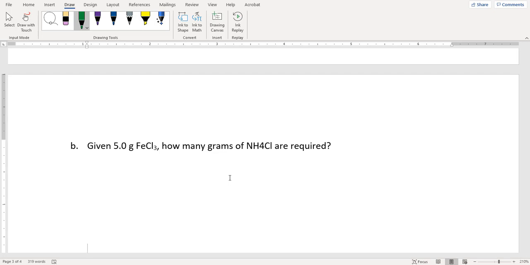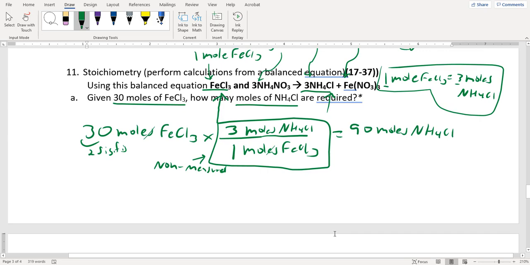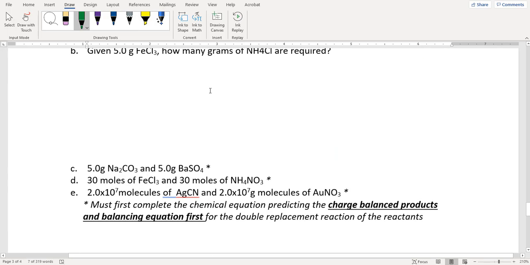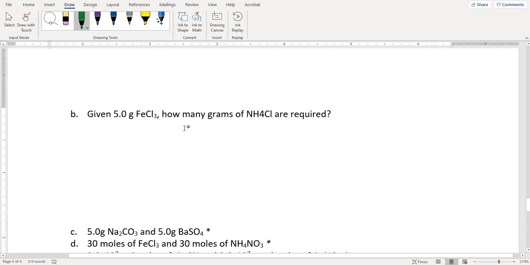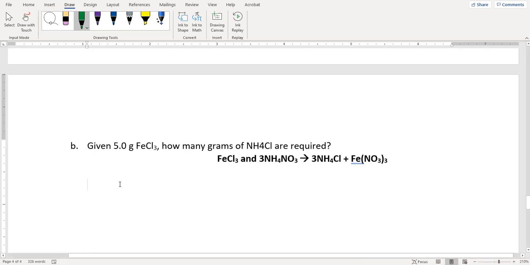So here we have iron chloride and ammonium chloride, same type of problems as before. So first thing we need to do is use the balanced equation. There's our balanced equation right there. And now let's do the rest of the problem.